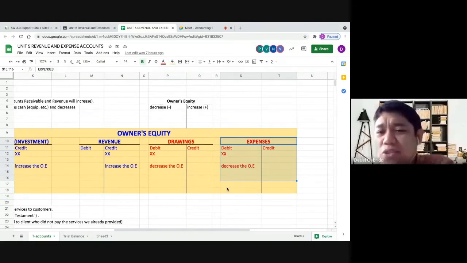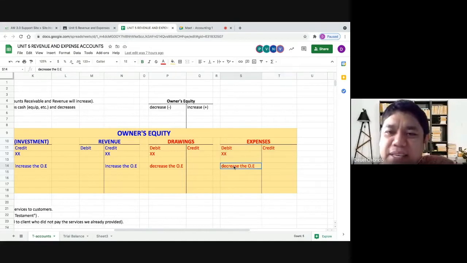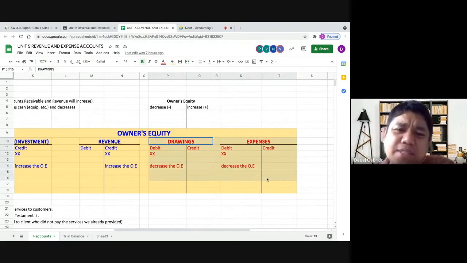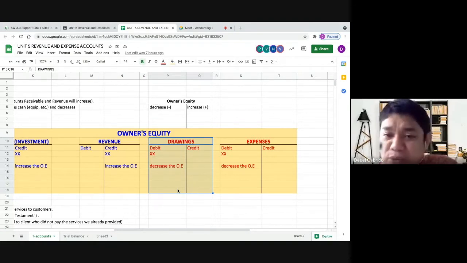So in short, expenses can decrease your owner's equity. But sir, what's the main difference between drawings and expenses? Just focus on this. When we say drawings, you normally withdraw money for personal use. We do not know where you will use it, but you took that money because you want to use it as an owner.